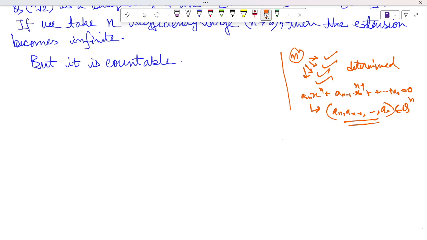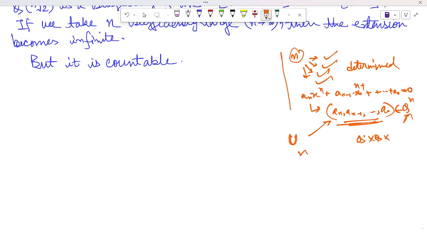The family of n degree polynomials is countable because it is represented by this set, and this set is countable because Q is countable. A countable product of countable sets is countable.